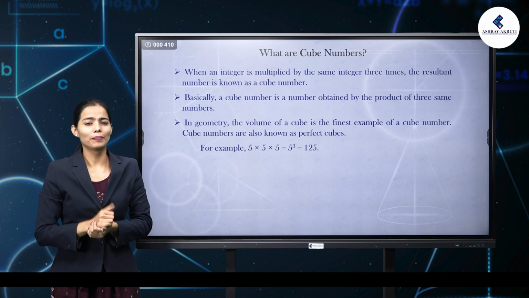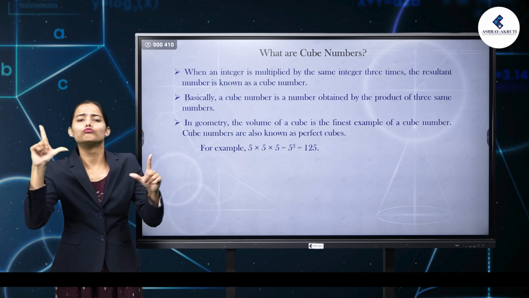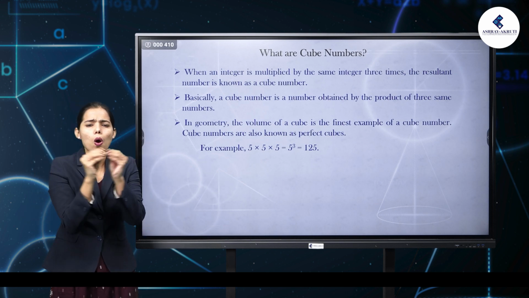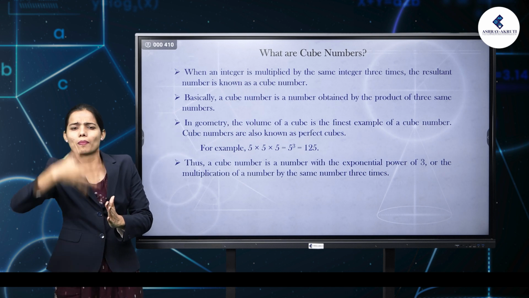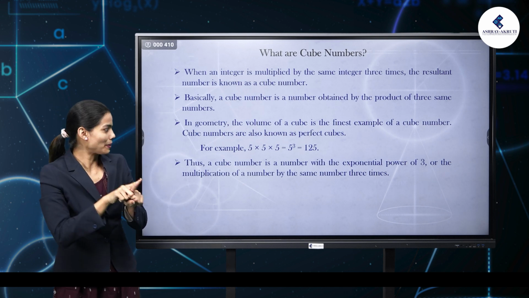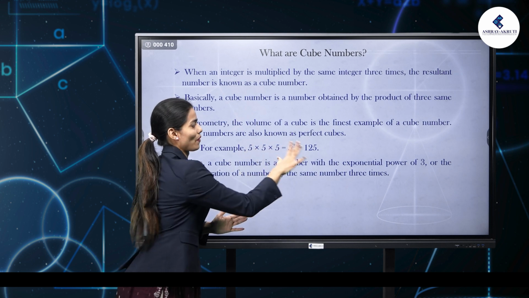For example, 5 into 5 into 5 is equal to 5 cube is equal to 125. Thus, a cube number is a number with the exponential power of 3 or the multiplication of a number by the same number 3 times.